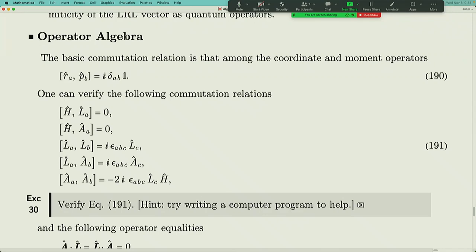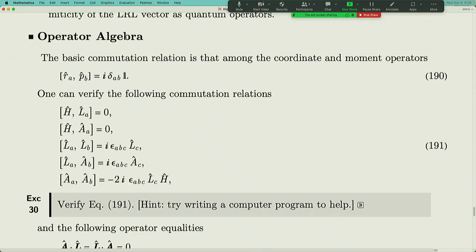Using that and using all the definitions that we have listed above for the angular momentum, for the LRL vector, and for the Hamiltonian, you can basically check all these commutation relations. For example, the first equation says that the Hamiltonian commutes with L and also commutes with this LRL vector, which means L is a conserved quantity.